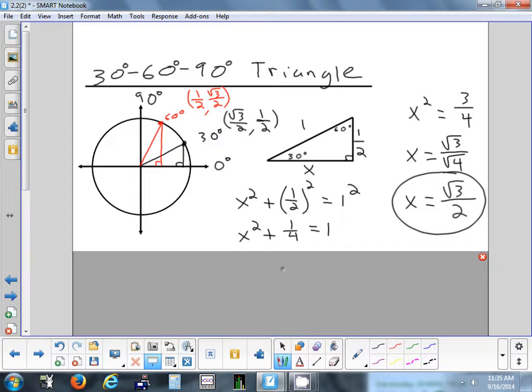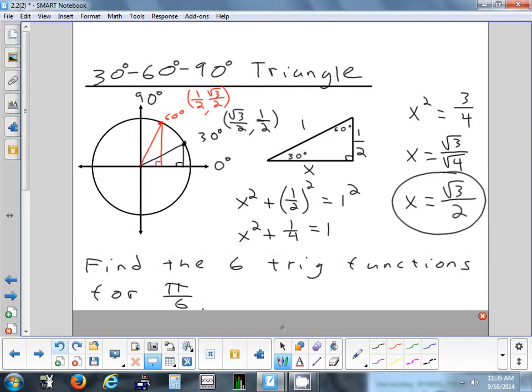Quadrant 2, if you had a 30-degree angle over here, would be very easy if you think of it as a reflection. The numbers are going to stay the same, except you might have a negative in front of one of them, either the x or the y, or both. But for today, we'll just stay in quadrant 1.